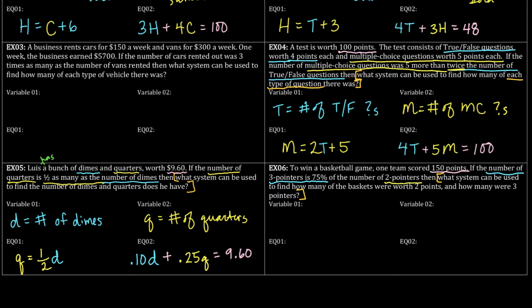Okay, so I'll put X, because if I try to put T for 2 and T for 3, I'll get confused. So X is the number of 3-pointers, and Y will be the number of 2-pointers.